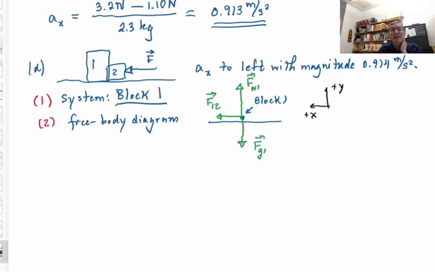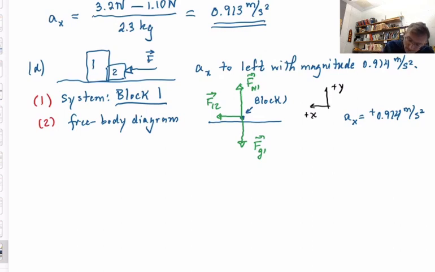By this choice, the a sub x of the system is positive 0.914 meters per second squared. That's a technical point, but it's important. If you have chosen the plus x-axis to the right, then for this block, a sub x would equal negative 0.914 meters per second squared. And if you didn't put that negative sign in, technically it's incorrect.